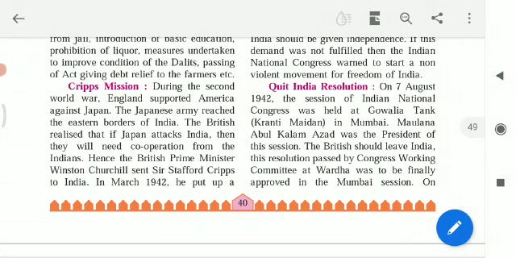Hence, the British Prime Minister Winston Churchill sent Sir Stafford Cripps to India. In March 1942, he put up a proposal for India in front of the Indians.